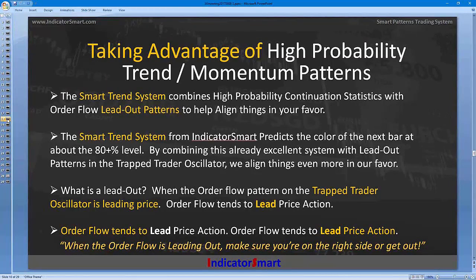Now, the way I came up with this was there was a guy, I forget his name, and I apologize to him for doing this, but Jack Schwager had written about him in one of the Market Wizards books. These guys were making a fortune. You can't really do this anymore.